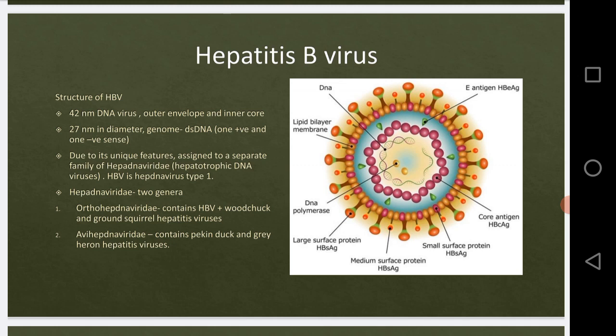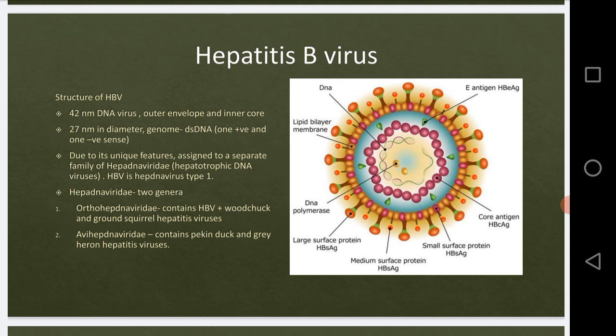After that, the green pear shaped antigen indicated is called the HBe antigen. Then there is the outer membrane. Which antigens are present in that outer membrane? The purple ones in the outer membrane are indicated as the HBs antigen.